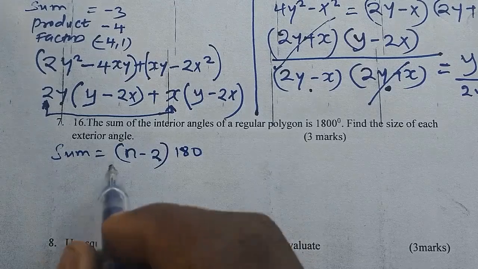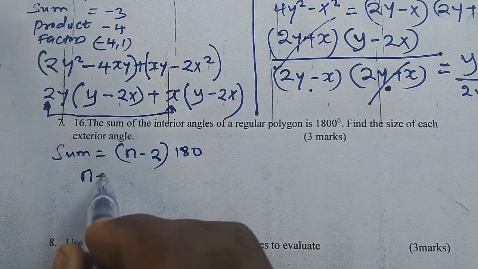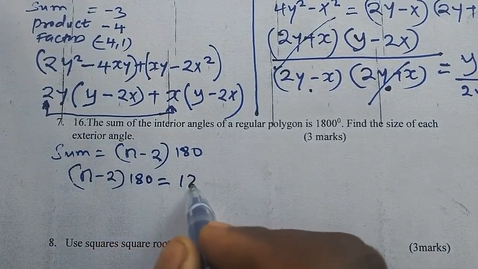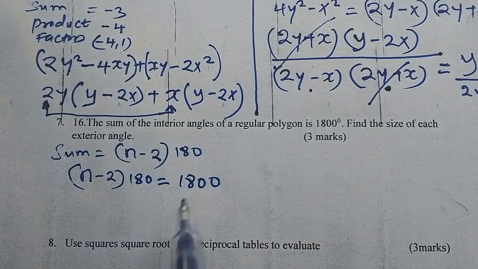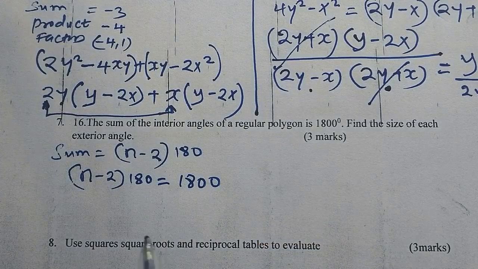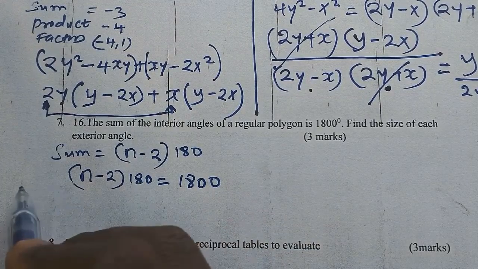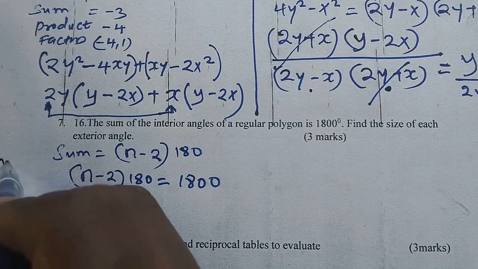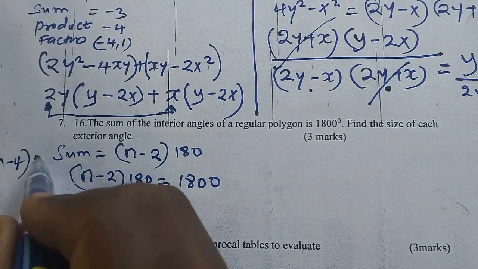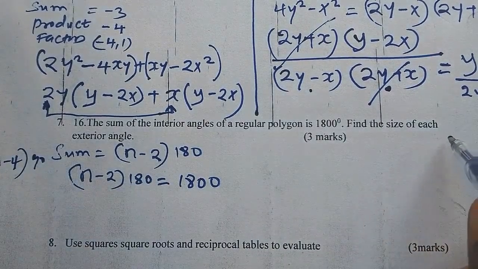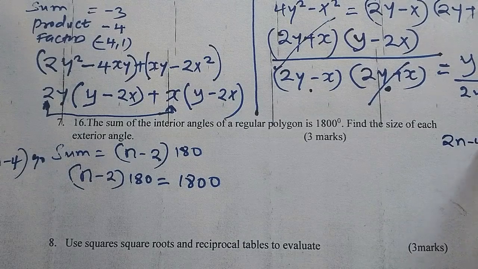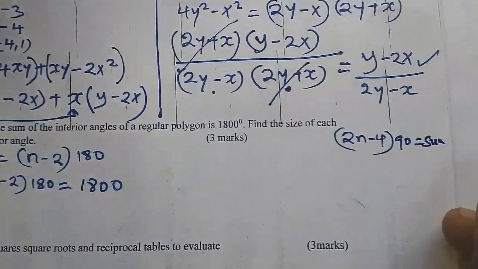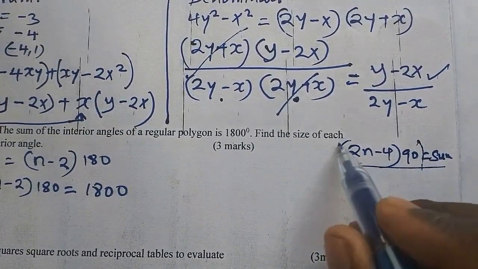So, n minus 2 times 180 will be equal to 1800, because this is the sum of the interior angles. You can as well use the other formula, which is 2n minus 4 times 90 is equal to the sum of interior angles. This works also, so you can use either.